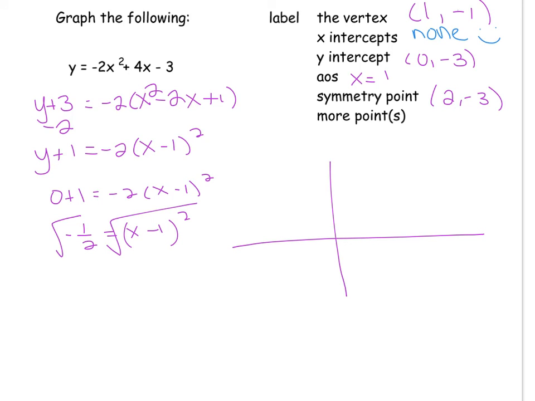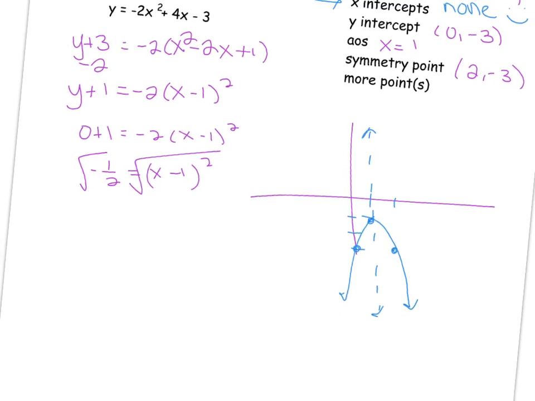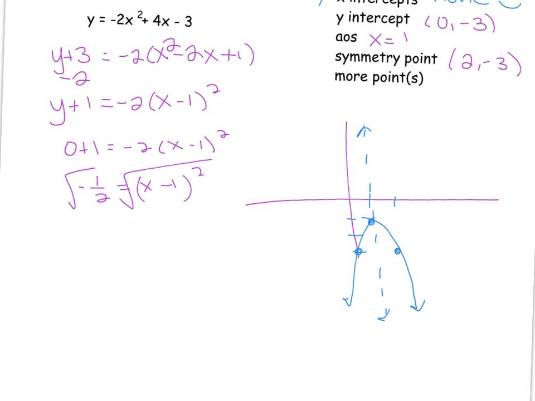So let's graph that. (1, -1) is my vertex. (0, -3) and (2, -3). And then here's my axis of symmetry. And then there is my sketch. Okay, you could have determined your x-intercept situation using the discriminant.